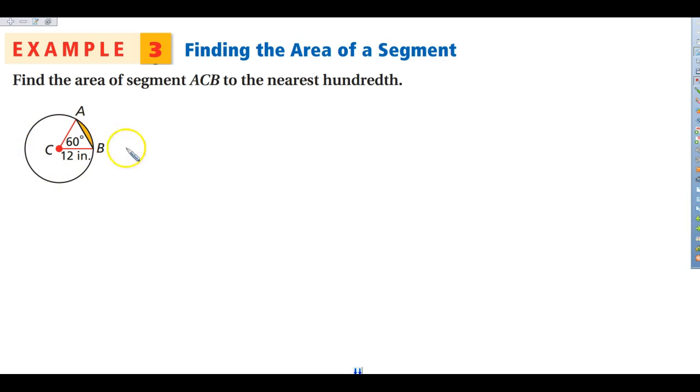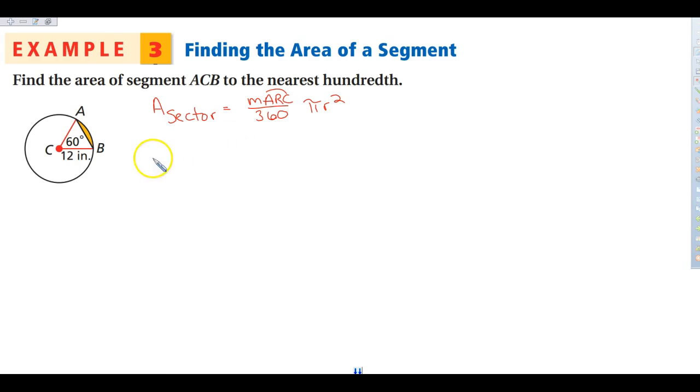So I want to find the area of the segment. The first thing I'm going to do is find the area of the sector, which is the measure of the arc over 360, and again it is area, so we want our area formula, which is pi r squared.